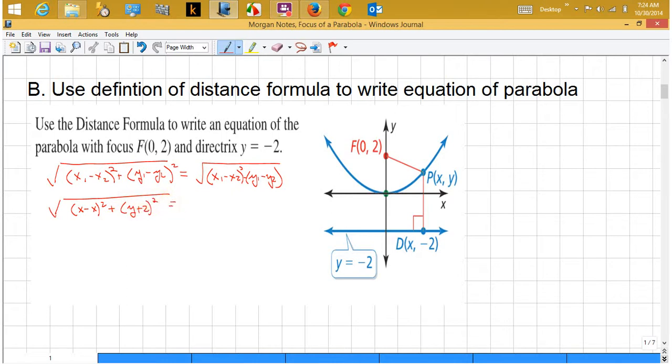For the other point, I would have x minus 0, the x value minus this x value, squared, plus y minus 2, squared.